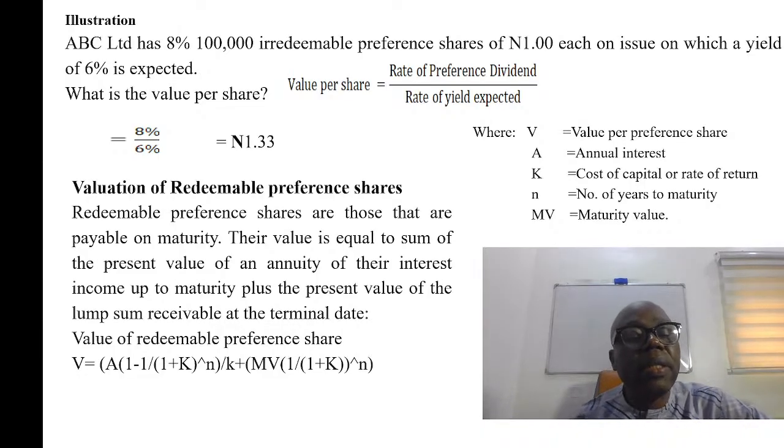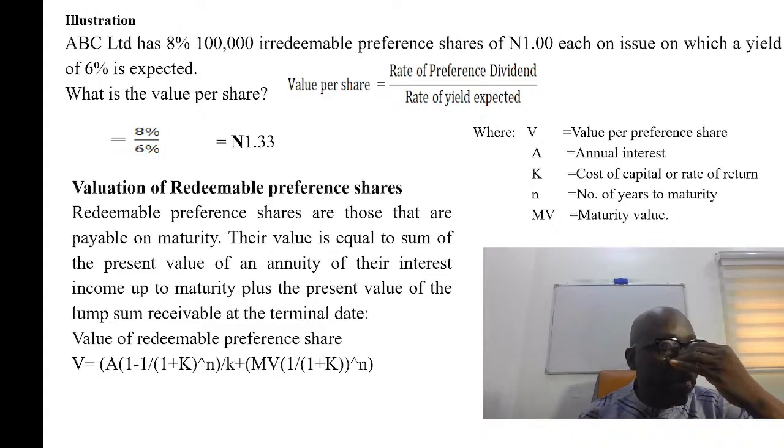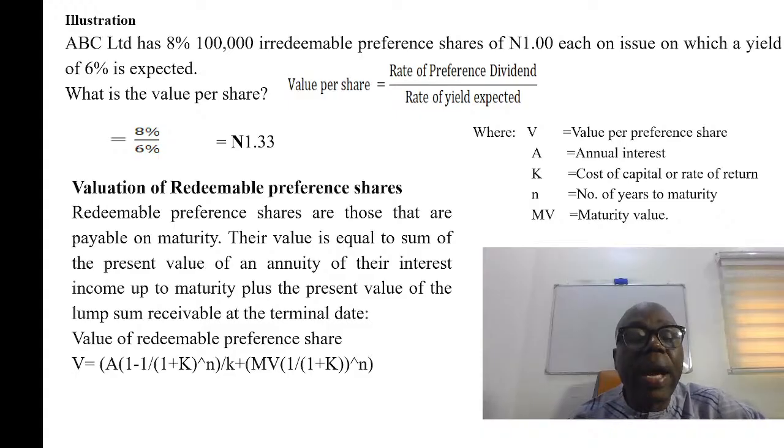So when you are looking at this, if you look at the book, you see that it's not stated this way. But it's going to take me some time to draw it in the book. So if you are looking at this, you should take note of the brackets, open and close, the way they are, because they are important, especially when you want to solve it. You remember that in arithmetic calculation, you have what is called BODMAS. In case you put this in an Excel format, if you did not put the brackets where they are supposed to be and the number of brackets that you are supposed to put, you will not arrive at the right answer.